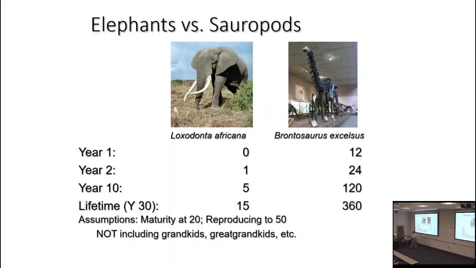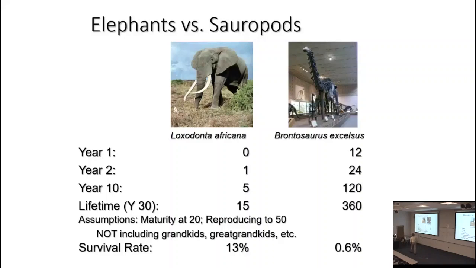Over the course of their reproductive lifespan, assuming maturity at 20 and reproducing until they're 50 years old, a really lucky elephant has produced 15 babies. A really lucky Brontosaurus has produced 360. But not counting grandkids, great-grandkids, and so on. If we're looking at rate of replacement, this means there's about a 13% chance of any one baby of the elephant making its way to adulthood and reproducing itself.